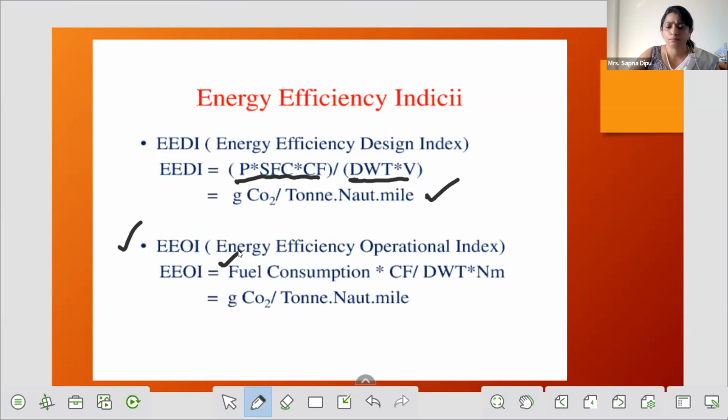That is fuel consumption multiplied by the conversion factor, and divided by deadweight, that is the capacity, how much it is transporting, and distance, the range it has traveled. So EEOI is an operational measure.